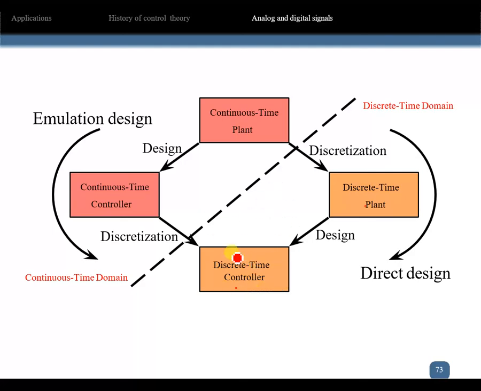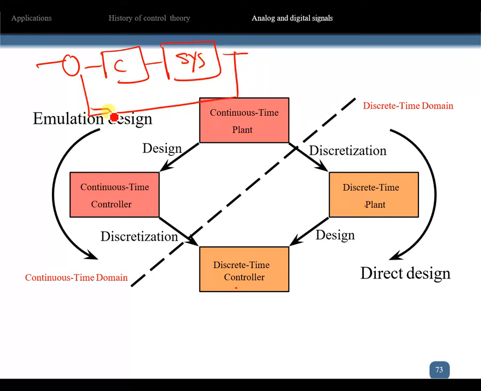What they say here: if you have the closed loop system, here is a controller, here is a system or the plant, here is a feedback, all of them in the S domain. Here is the S domain, my system in the S domain.